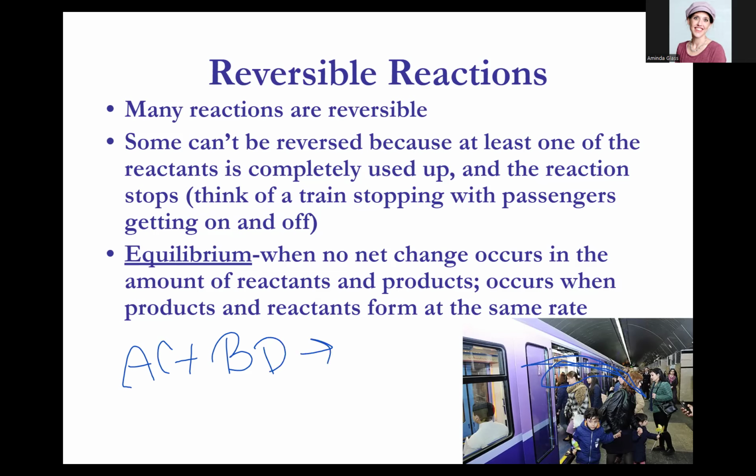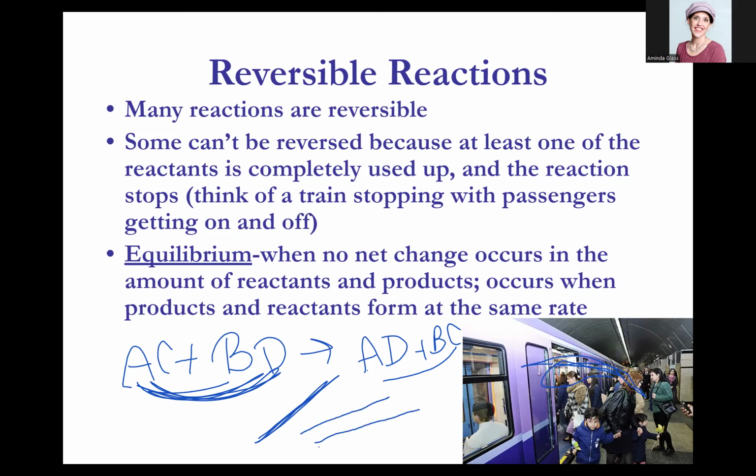But you start to have products, but you don't have as many at first because you have a lot of these reactants. But slowly, if this is your scale, slowly you start getting more and more. And as that happens, you become more balanced until the rate is happening at the same time.